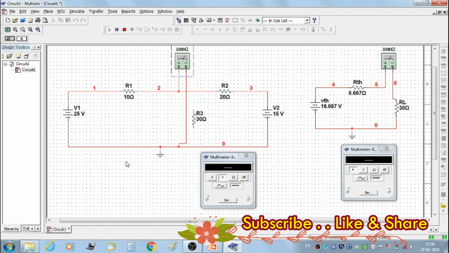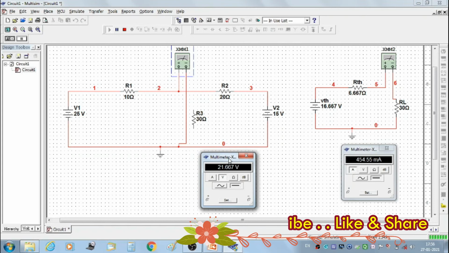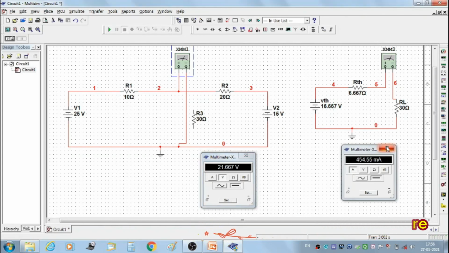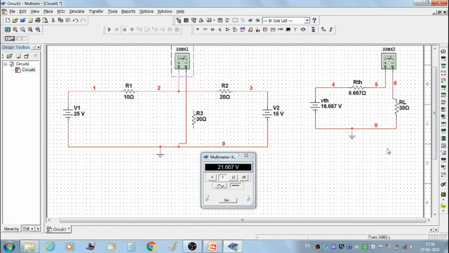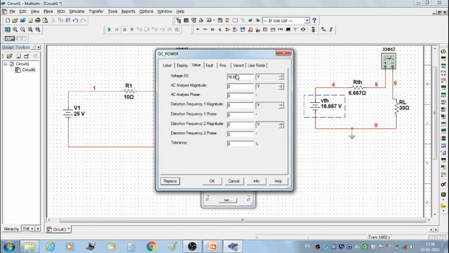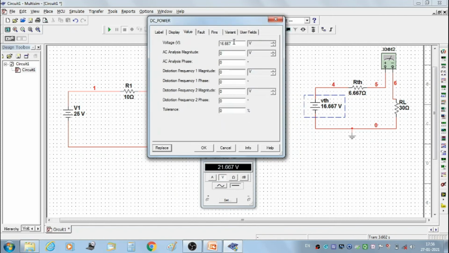We get our second set of Thevenin's equivalent reading as 21.667 volt. Now our RTH must be the same because we have kept resistors R1 and R2 values the same as in the first reading. Therefore the RTH value must be 6.667 ohm. Only change the Thevenin's voltage value to 21.667 volt.